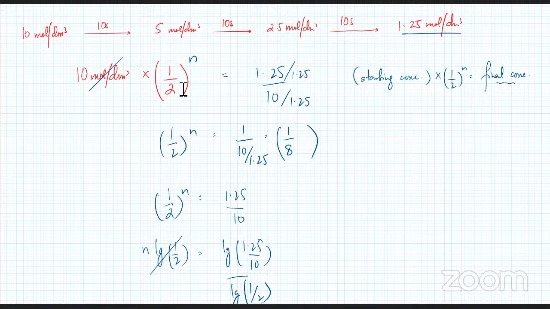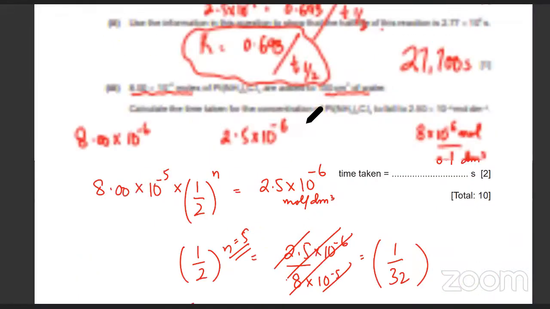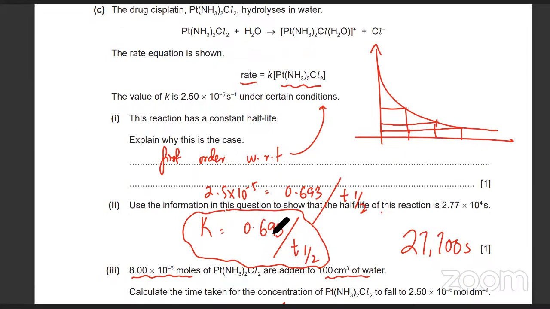In second order the half-life is doubling. The problem is the formula will not work because every time the half-life is not going to be constant. Or for 0 order maybe the half-life is changing, so it's not going to work for that as well. Only for constant half-life. Both of these: the first formula, k is equal to 0.693 divided by t half, only works for first order.